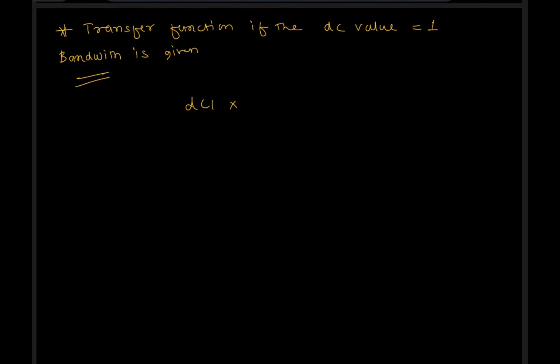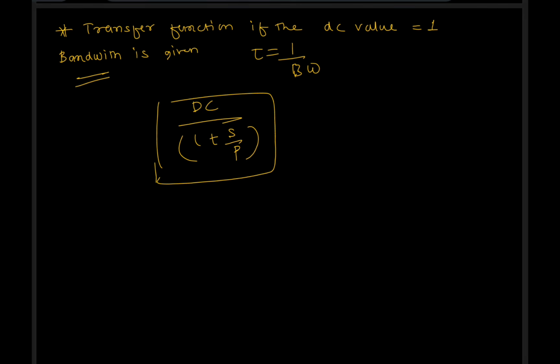This was a first order circuit, so tau is 1 by bandwidth. From this you can get tau, and there were no zeros, so this is divided by 1 plus s by p, because if s is equal to 0 you will get the DC value. This is how you have to represent your transfer function.